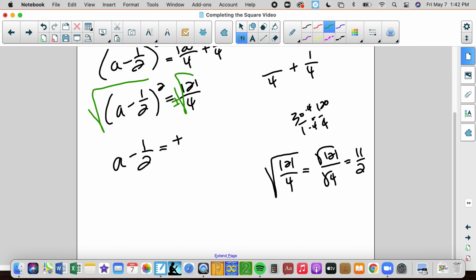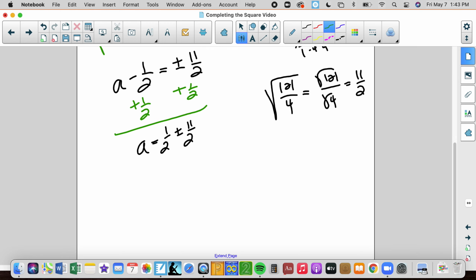And then we get plus or minus square root of 121 over 4, which is 11 over 2. And now let's again isolate my variable. We get a equals 1/2 plus or minus 11 halves. So we're going to write two equations, 1/2 plus 11 halves and 1/2 minus 11 halves.